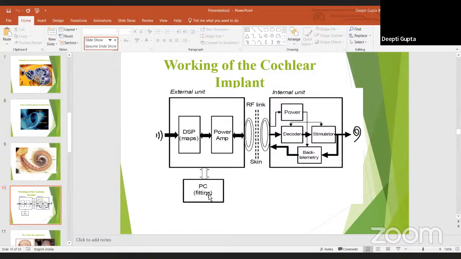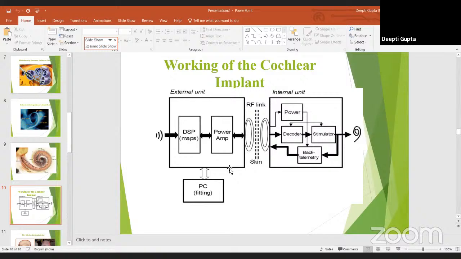So these are the maps, these are the programs, these are the fitting. What is the minimum sound and what is the maximum sound? All these things are defined, or we can say designed, by the audiologist. So after operation, these things are going on. This is the meaning of PC fitting, which is also connected with the processor, because at the initial level, many changes happen after operation.